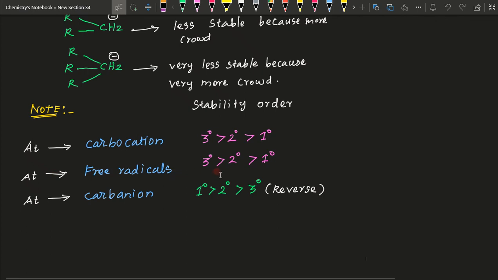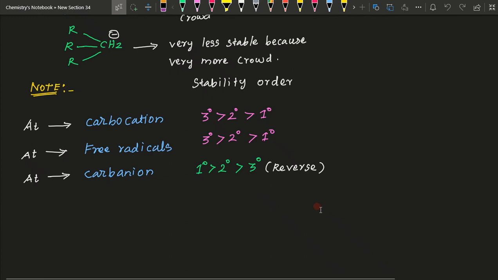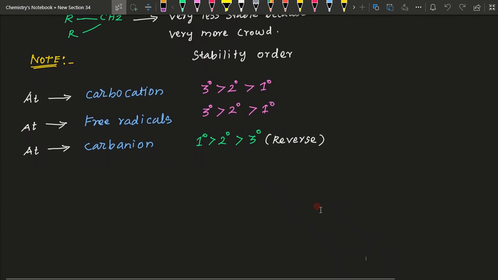At free radical, 3 degree is more stable than 2 degree and 1 degree. But at carbon ion it is the reverse, 1 degree is the most stable, then 2 degree and 3 degree. This is the reverse order at carbon ion only.